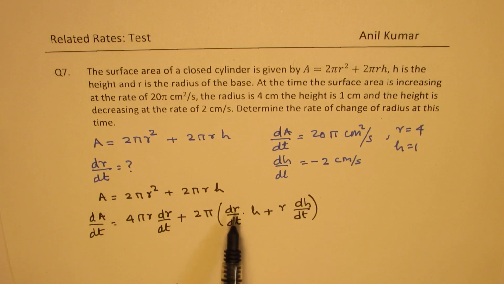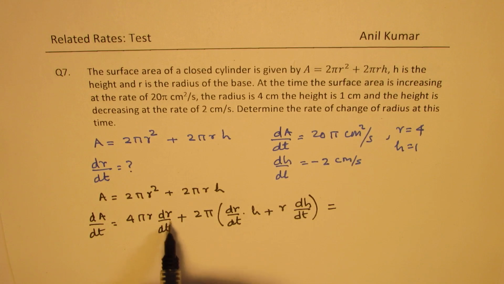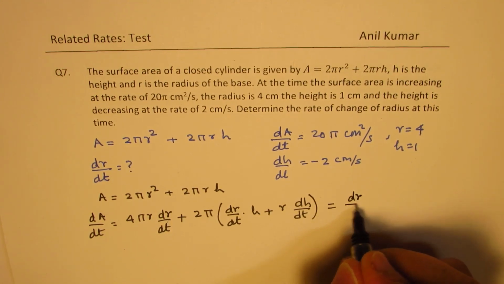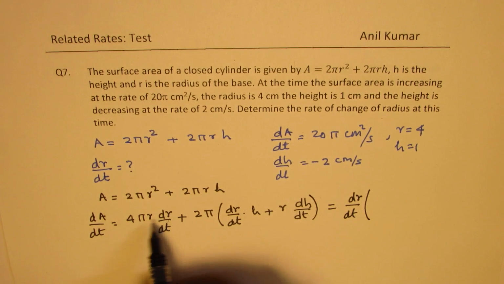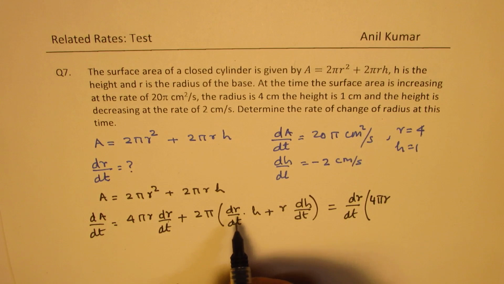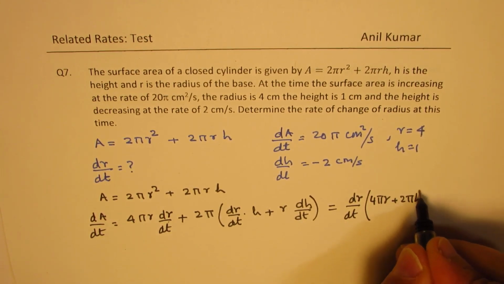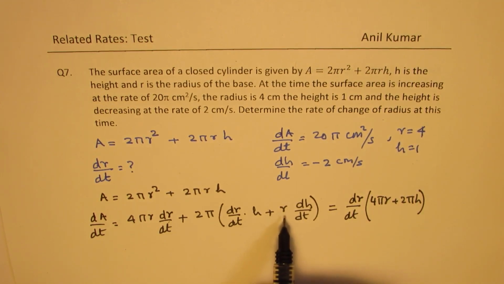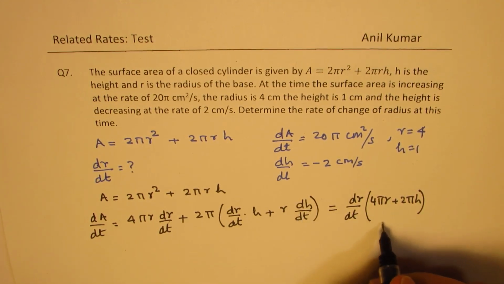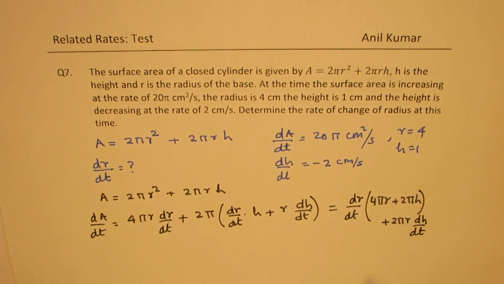So that becomes the rate of change of area at a given time. We need to find what is dr/dt. So we can isolate that. So here we have 4 pi r dr/dt, and here dr/dt is 2 pi h. The other term is 2 pi r dh/dt, correct?